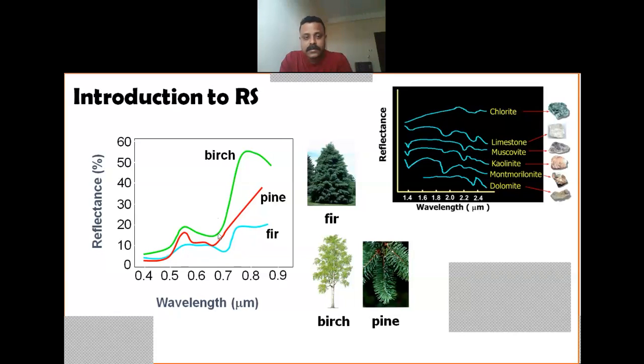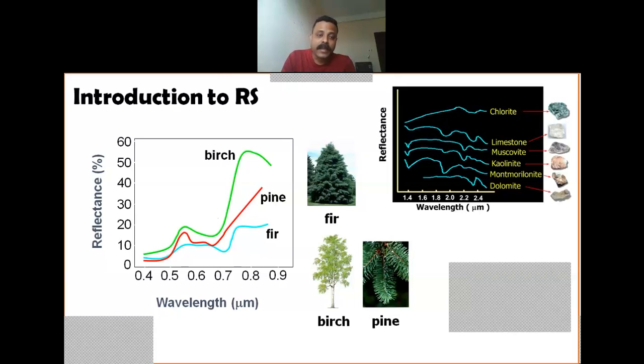So we can see only this part of the picture. We do not see these peaks. Why? Because these are happening in the near infrared range and we do not see what near infrared responses are normally with our naked eyes.